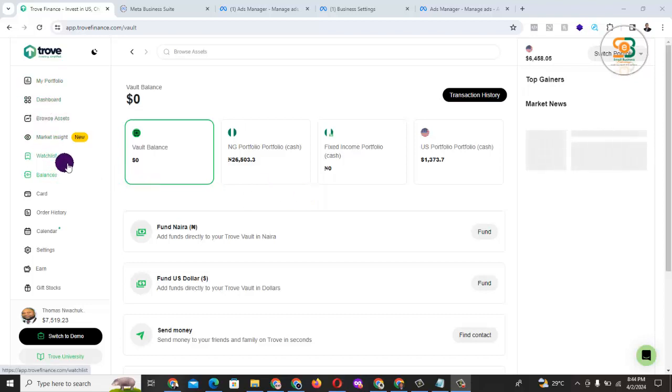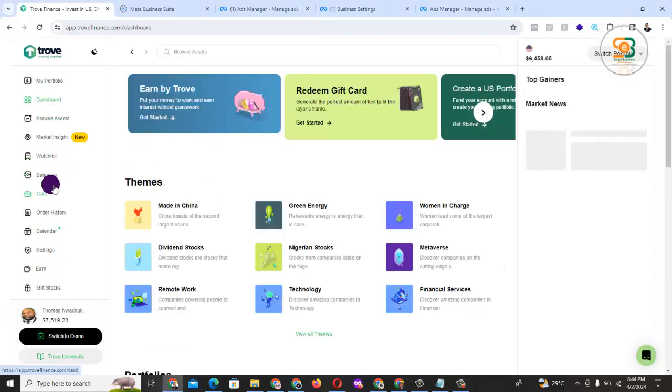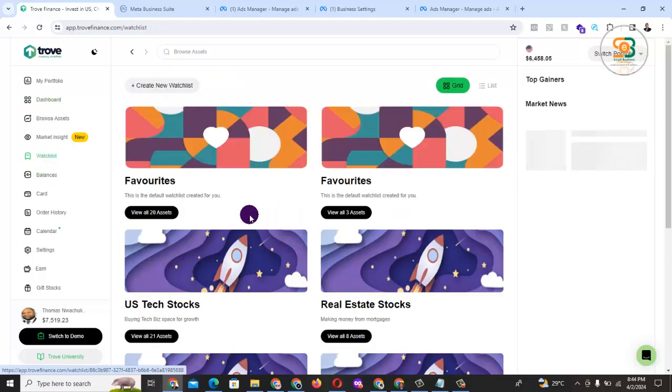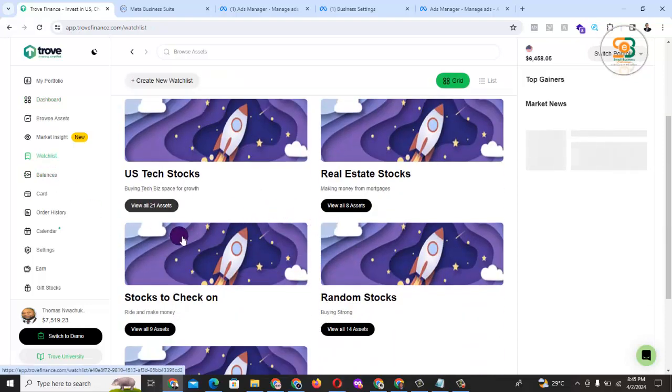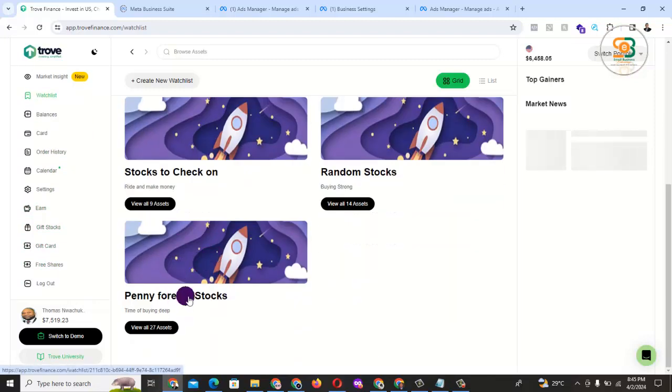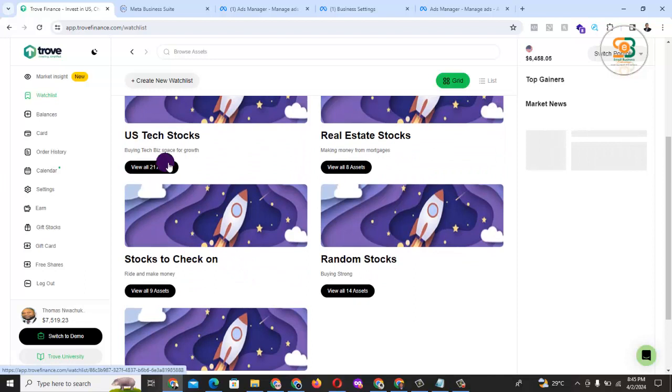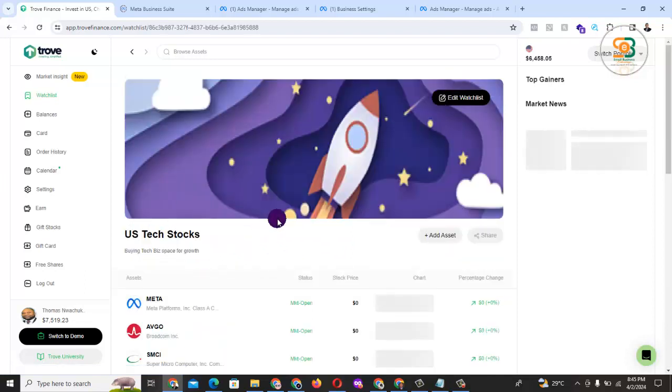Let me go, because I normally do analysis of any particular stock before I start buying. Now on my watch list, there are a lot of stocks that you can view. There are a lot of them that you can check. You have the penny stocks, the random stocks, the tech stocks. Let me check some of these tech stocks.